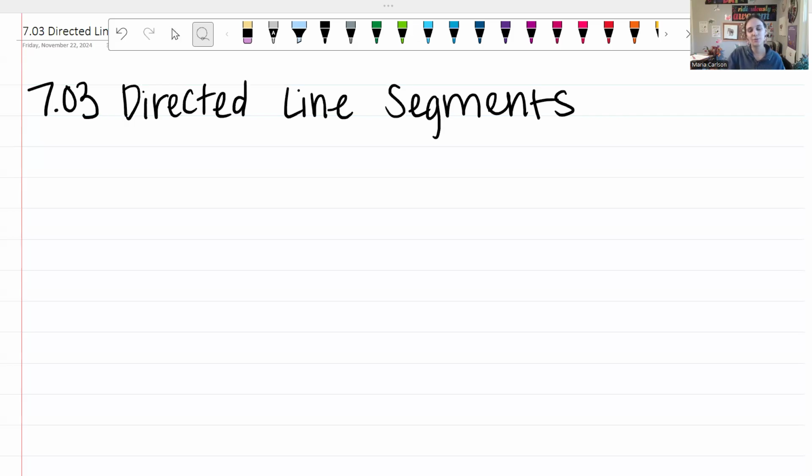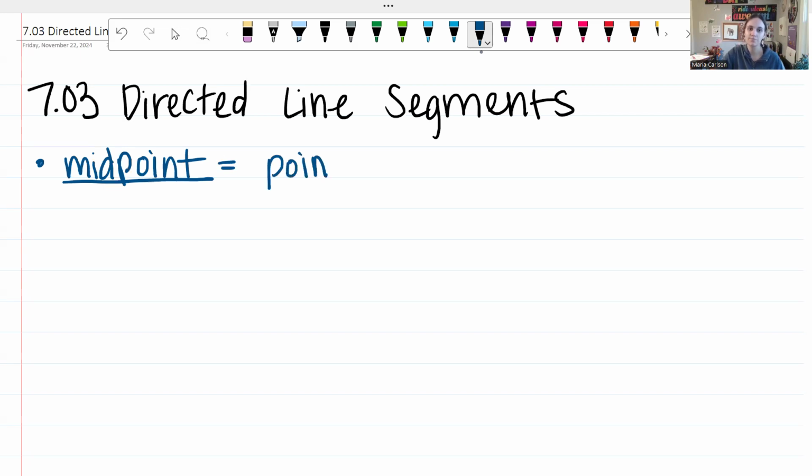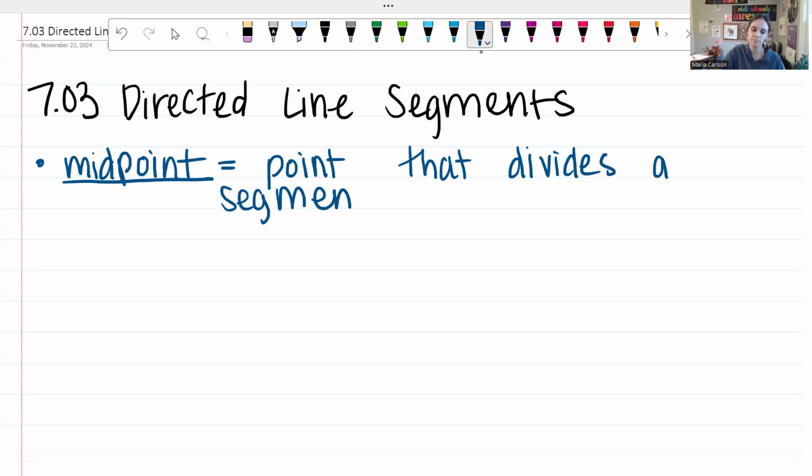Hi everybody, in this video I'm going to go through our lesson on directed line segments, and the first thing we need to revisit is the definition of a midpoint. A midpoint is a point that divides a segment into two congruent parts.